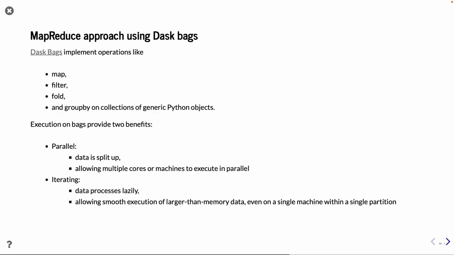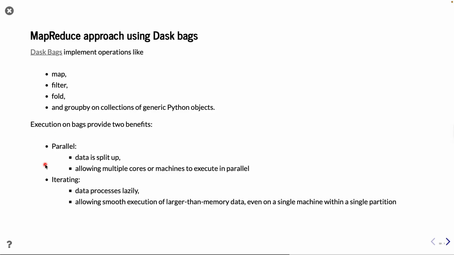And what we want to do now is to use this MapReduce approach using DAGs. DAGs is in principle this MapReduce approach implemented in Python, where we have the mapping, filter, folding, and grouping as Python objects. The interesting thing is that this already allows us to run things in parallel, so we can split the data and allow multiple cores to run this in parallel.